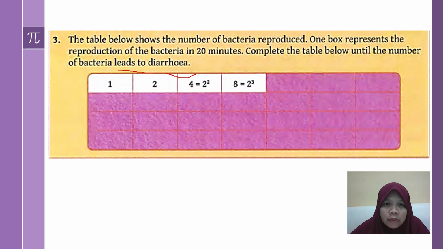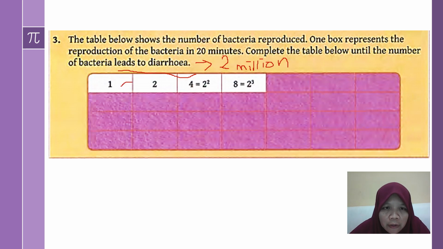Just now we know that a human intestine will be infected with diarrhea when he or she has 2 million bacteria. So we try to complete this table until the number of bacteria reaches 2 million. We start with 1.